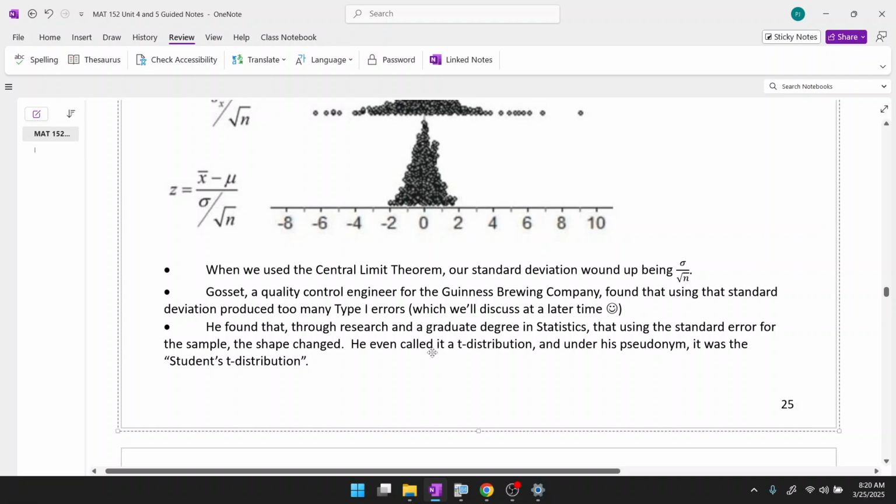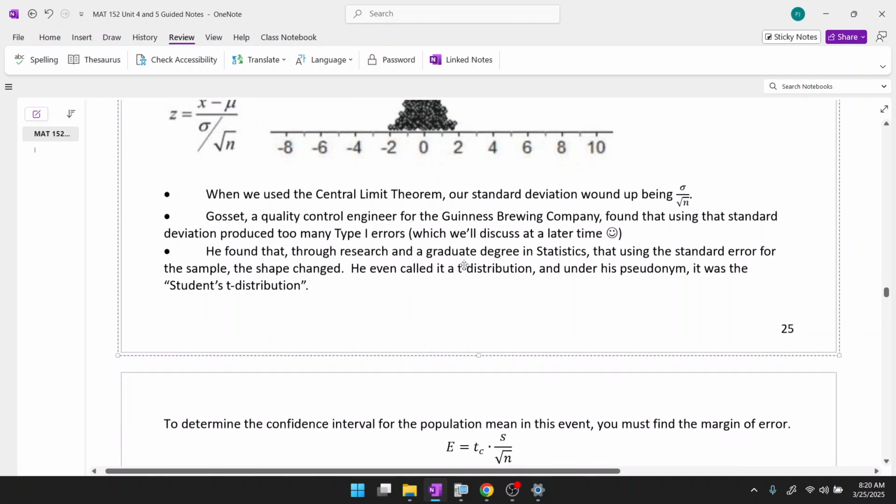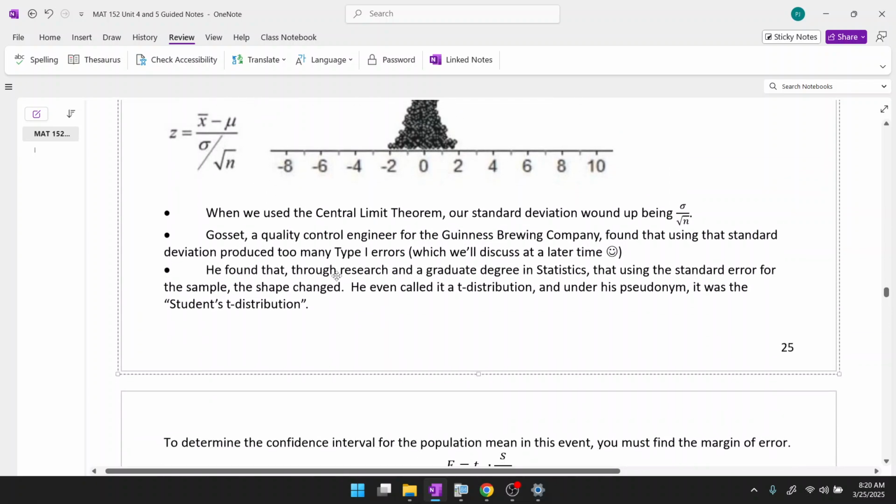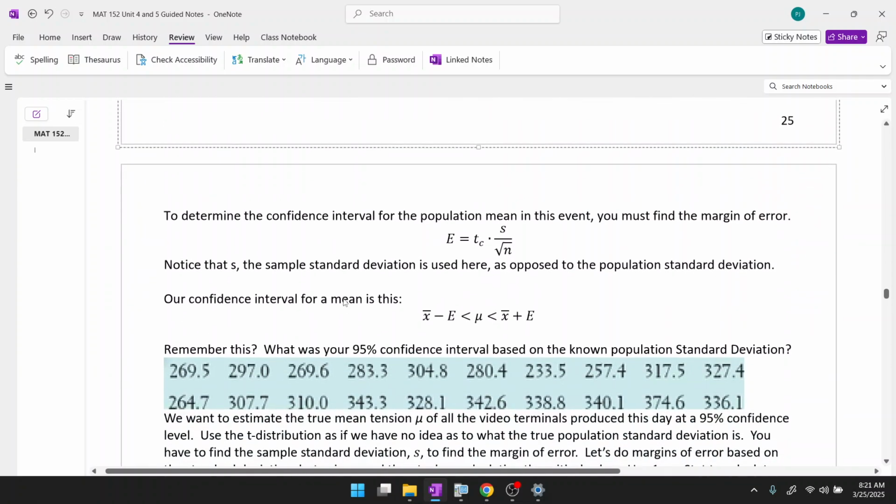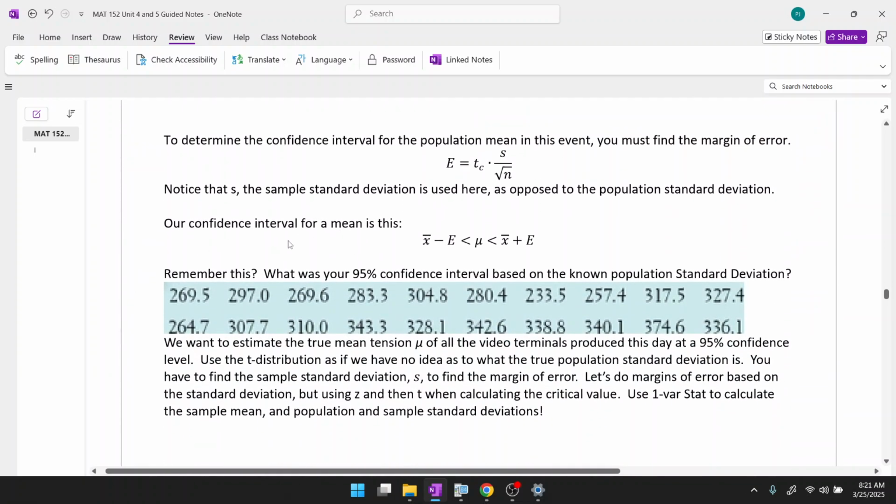So basically, he found that using the t-distribution gives more margin of error, a more conservative estimate. So the interval corresponding to T will be a little bit wider as well.